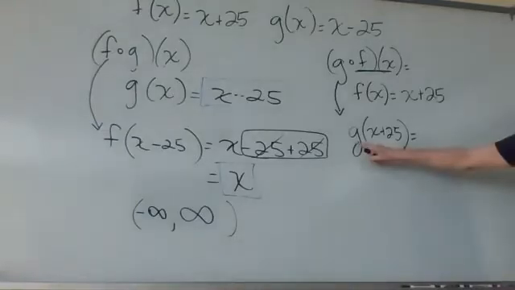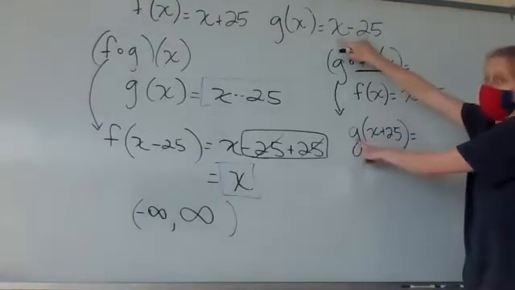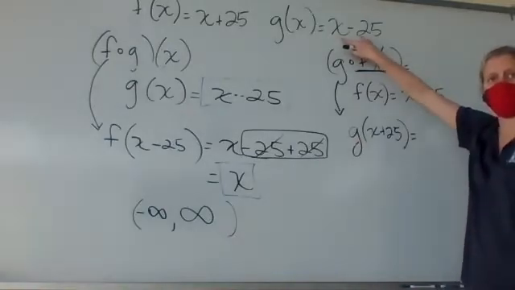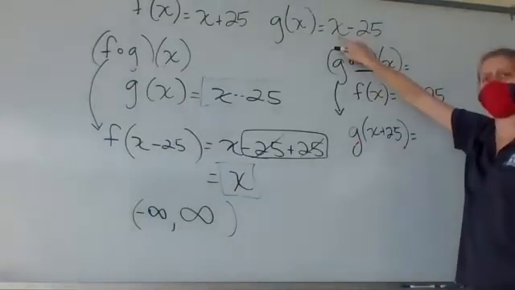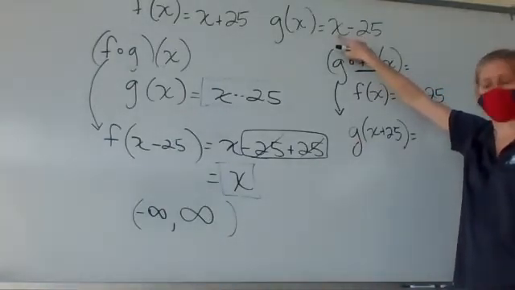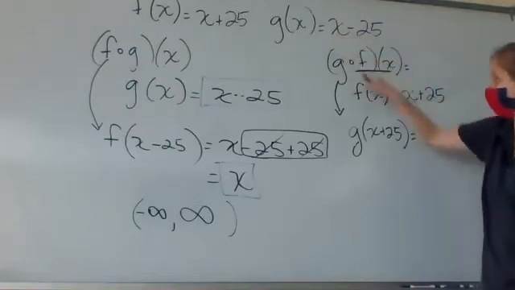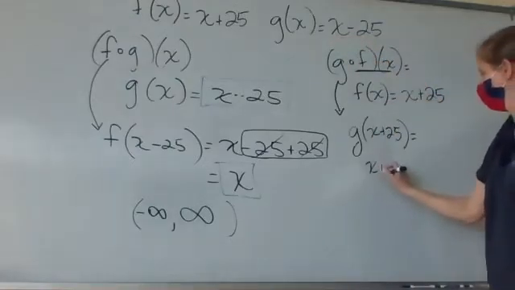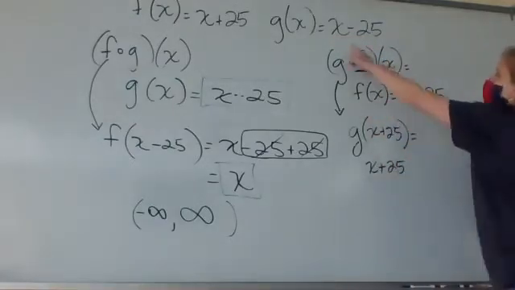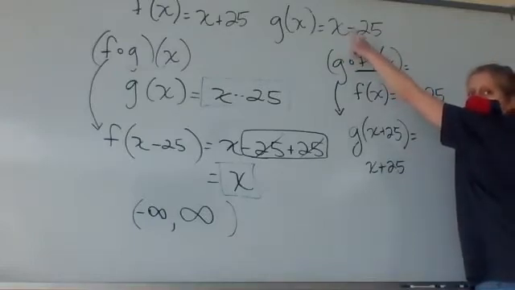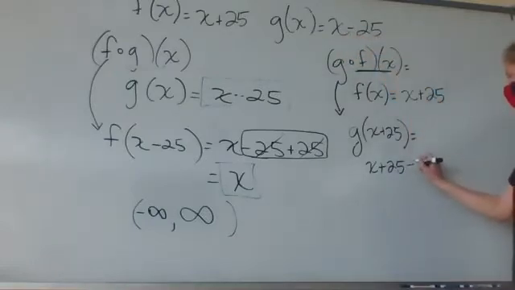I need to go to my g function now, which is this one right here. And instead of x, I'll replace it with x plus 25. So let's see, instead of x, I'll write x plus 25. And then bring down the minus 25.